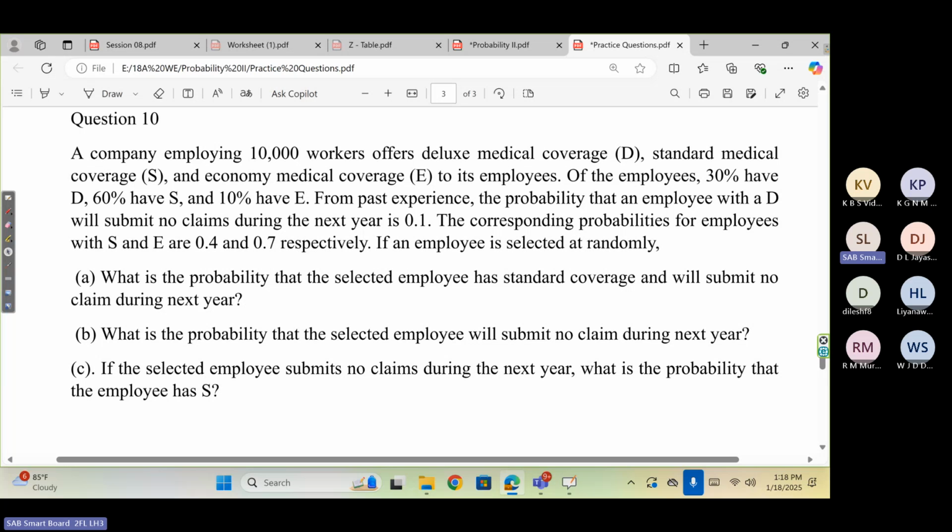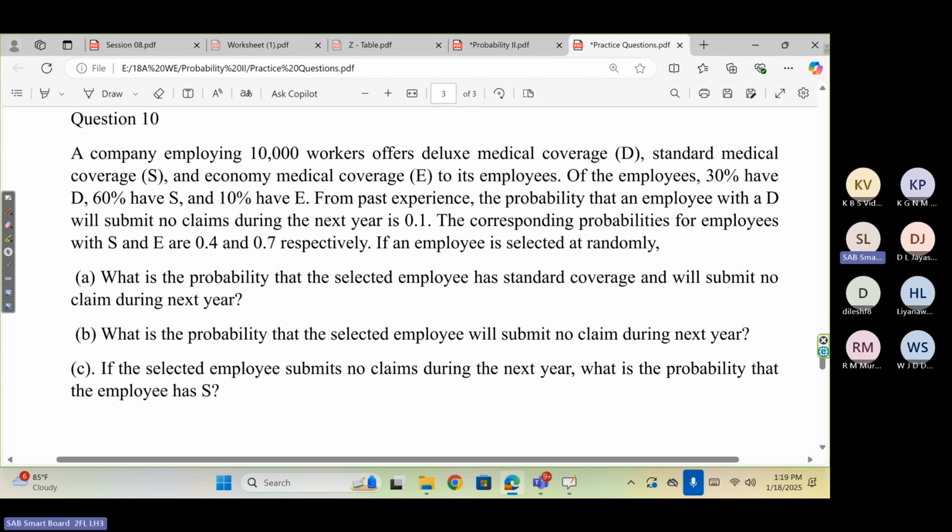Shall we discuss? You finished? Yes. Here there are three medical coverages: deluxe, standard, and economic. Then the other information is given. What is the probability that a particular employee will submit no claim? The first one: 10% chance that deluxe medical coverage employees will submit no claims.